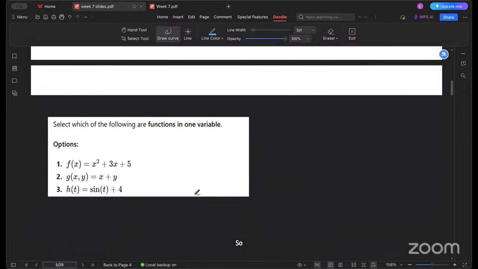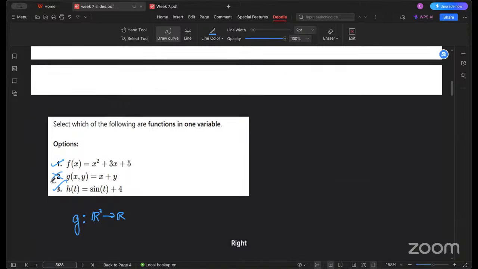So select which of the following are functions in one variable. 1 and 3, ma'am. Because what is the domain for g? G is a function from R2 to R. So this is not a function of one variable.